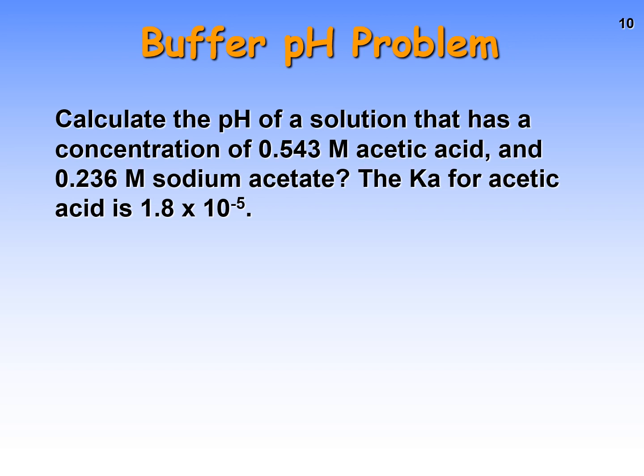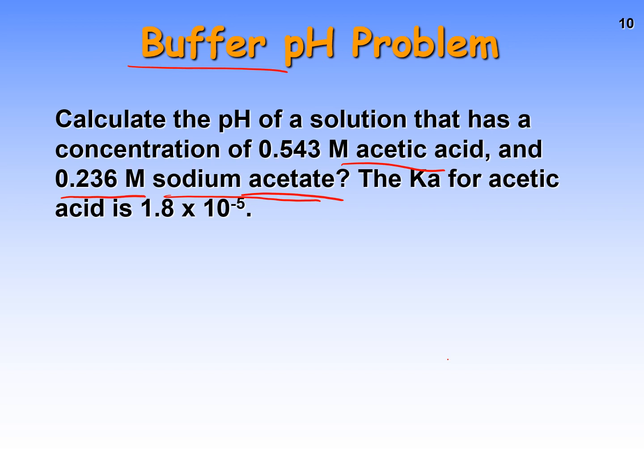So let's do one last problem here. We want to calculate the pH of a solution that has a concentration of 0.543 molar acetic acid and 0.236 molar sodium acetate. Now, I didn't tell you this in the problem other than at the top here. This is a buffer, and we know it because it has acetic acid and acetate both present.